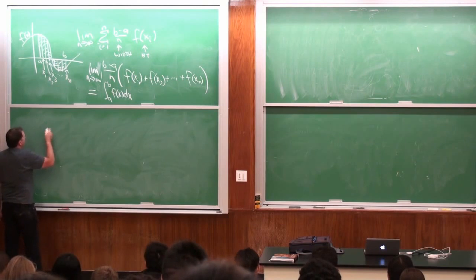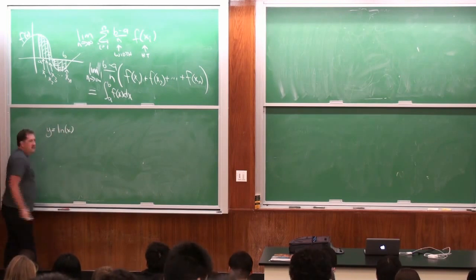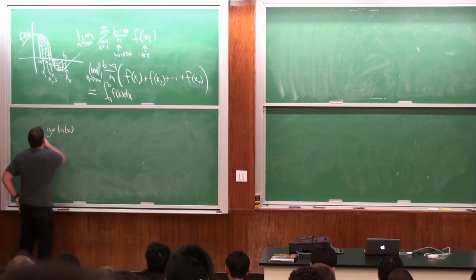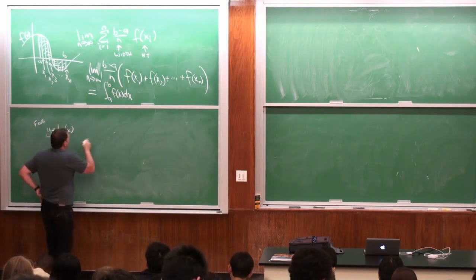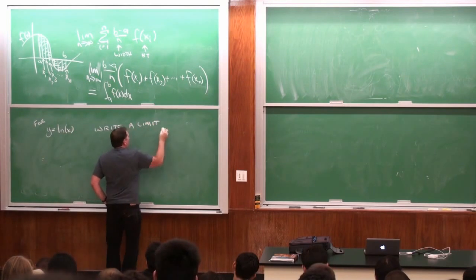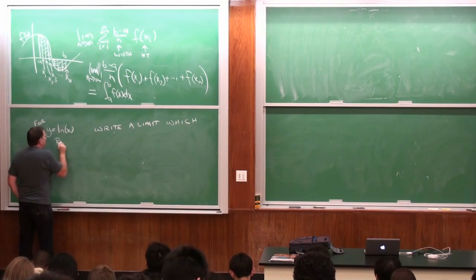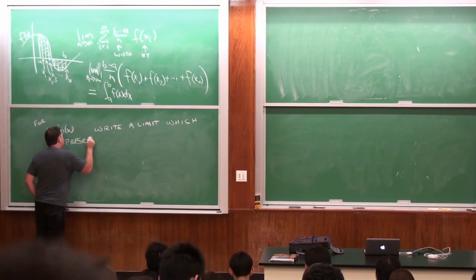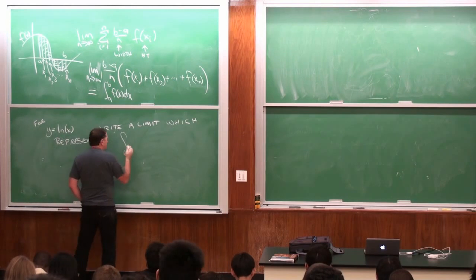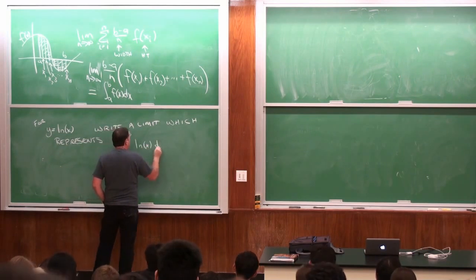So let's take a specific example. Let's take the function y equals the natural log of x, and I want to write a limit which represents the integral from 1 to 3 of that.